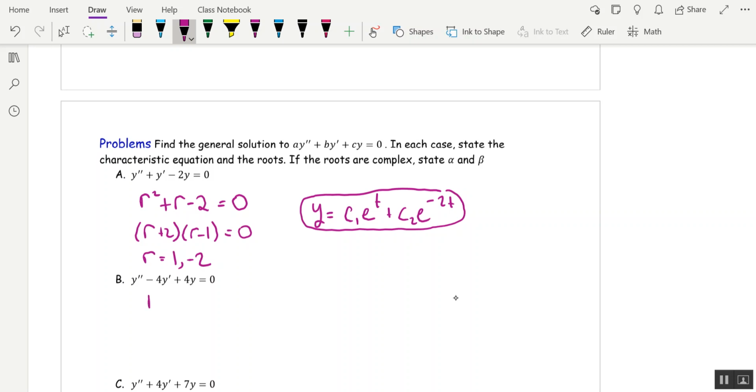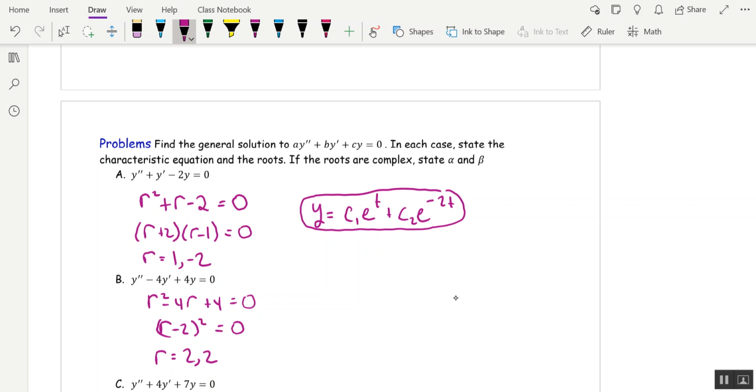Next one, characteristic equation is r squared minus 4r plus 4 equals 0. That factors as r minus 2 quantity squared equals 0. So that's a repeat root of 2. So I'll just write 2 twice.